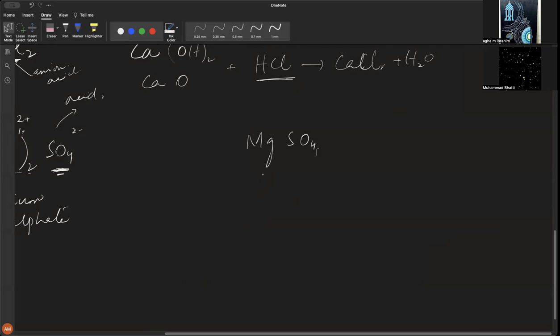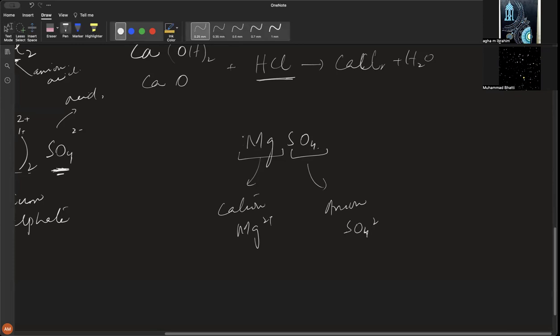Ionic. Why is it an ionic compound? Because it has two components, right? This is the cation, magnesium, and this is the anion, sulfate, that is present over there.